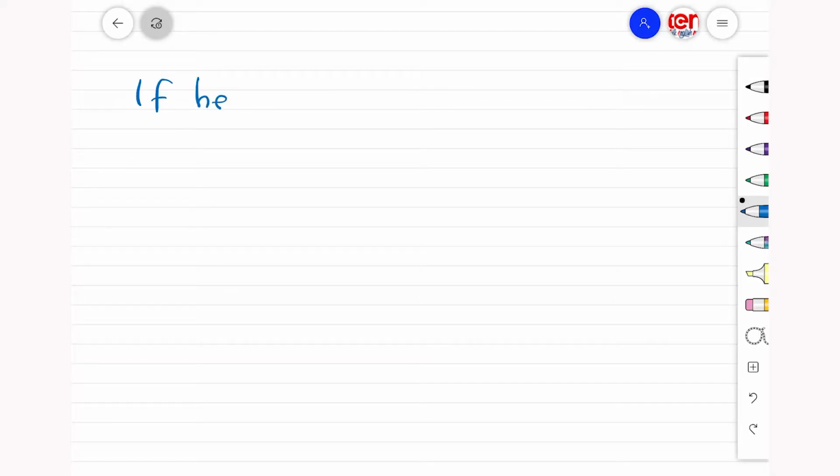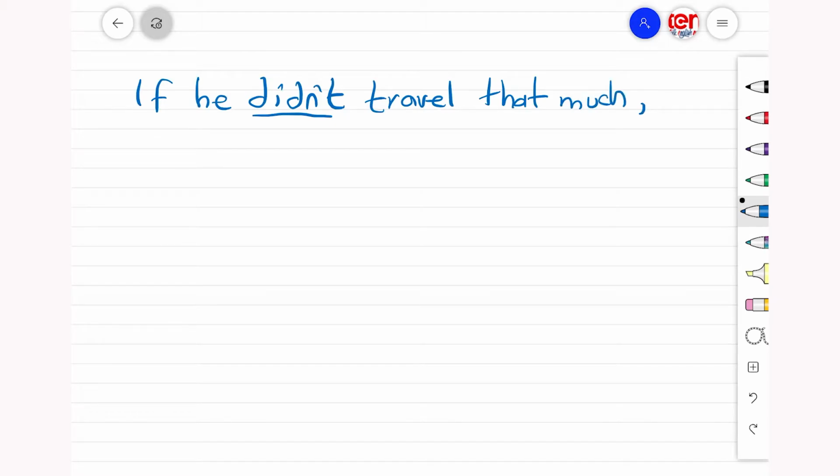What about a negative form? Look at this. If he didn't travel that much, since this is past, I use the auxiliary didn't. Now let's go with the second part.